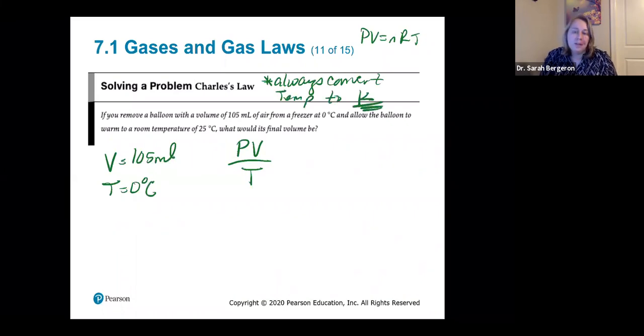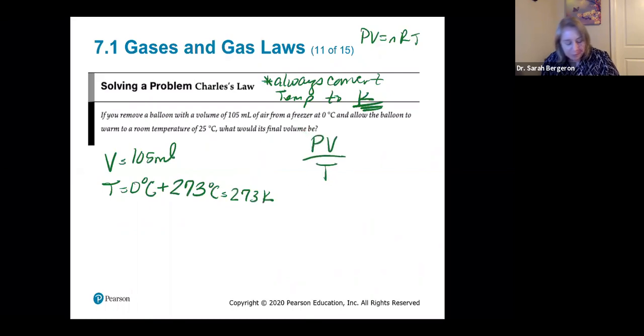That is the only way this stuff works. You must convert to Kelvin. So plus 273, and I do believe that this is in the back of your book. Let's see, yeah, under temperature, they'll show you just add 273 degrees Celsius and you get Kelvin, so that's 273 Kelvin.